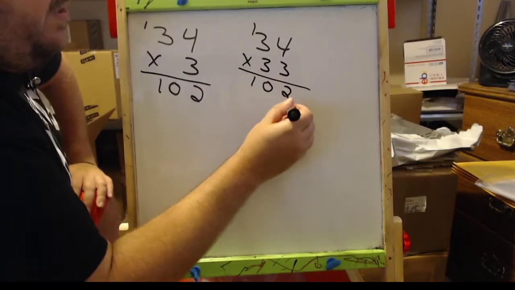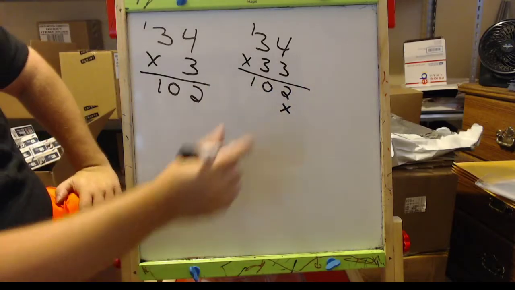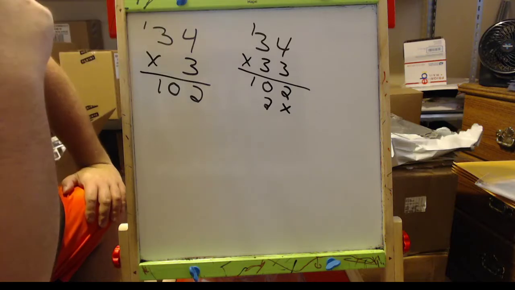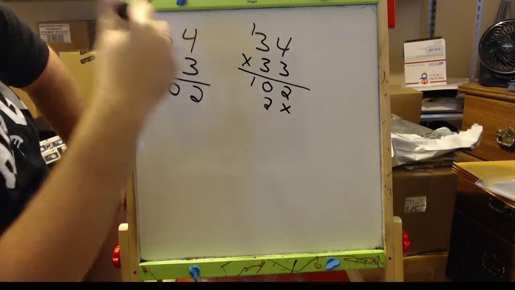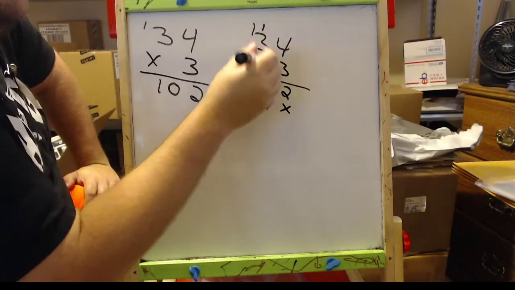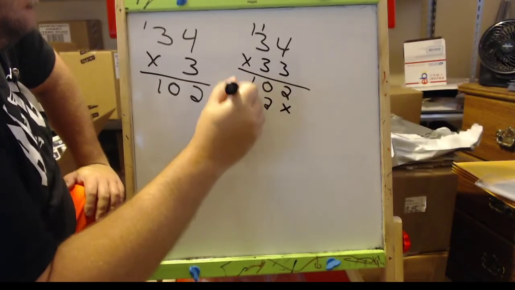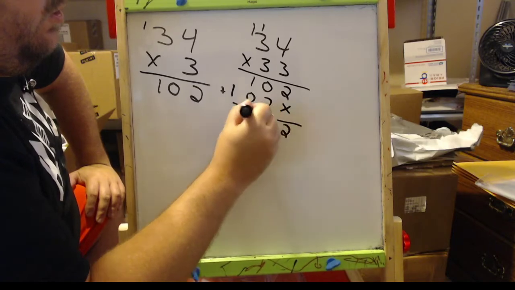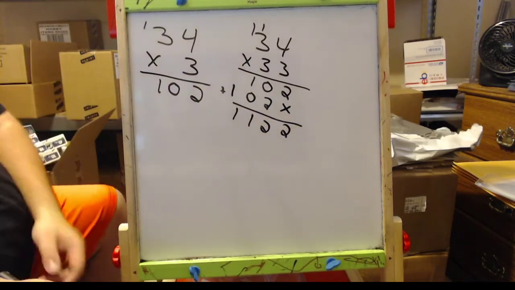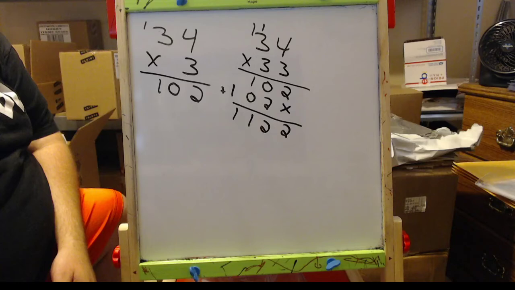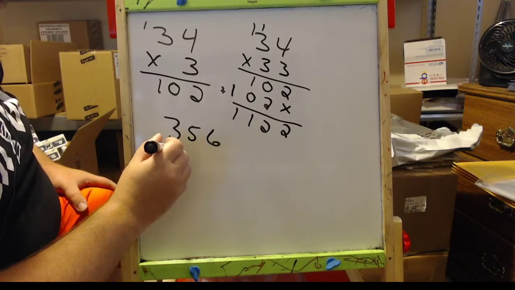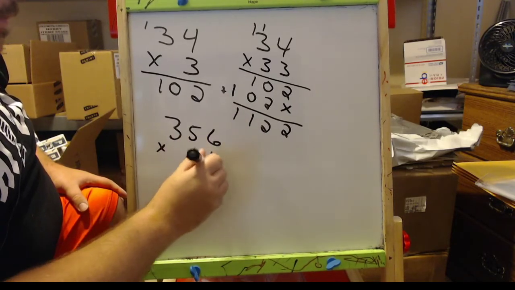Now, we put a placeholder down. 3 times 4 is 12. Carry the 1. 3 times 3 is 9. Put a 10 there. Now, add them up. 2, 2, 1, 1. So 1,122.